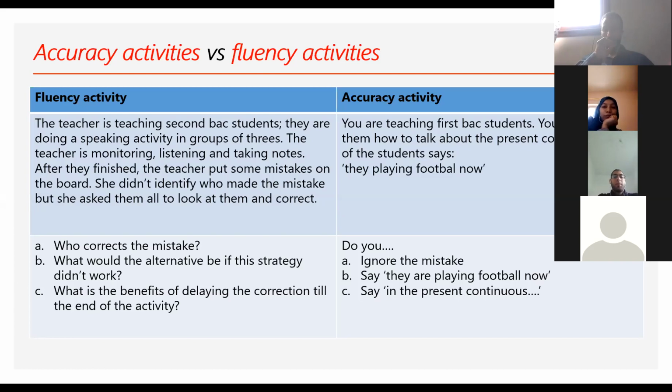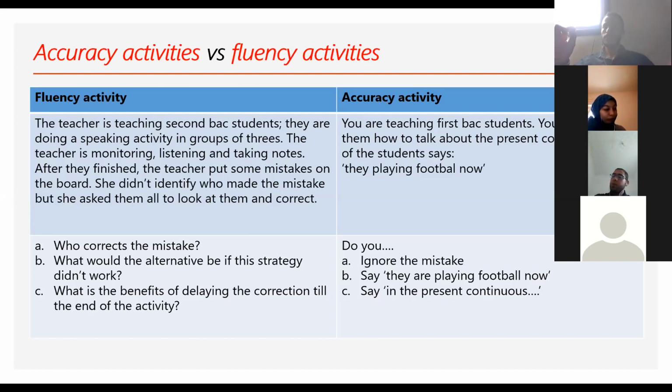Now, when we say the present continuous, we say it when the student cannot correct him or herself. Number one, the teacher should help students self-correct themselves. If they couldn't, then we can use a technique, and this technique is called using terminology, like grammar, tense, preposition.